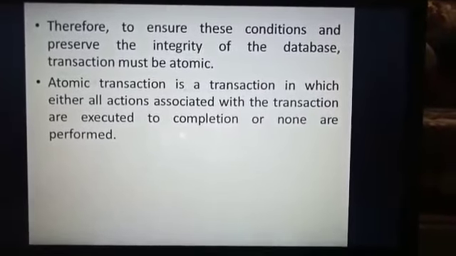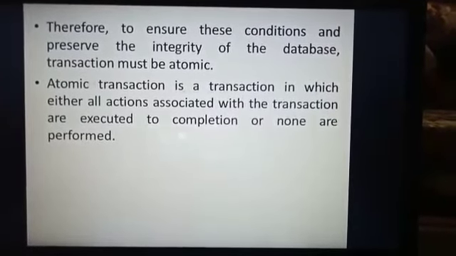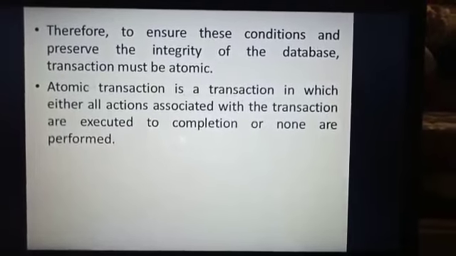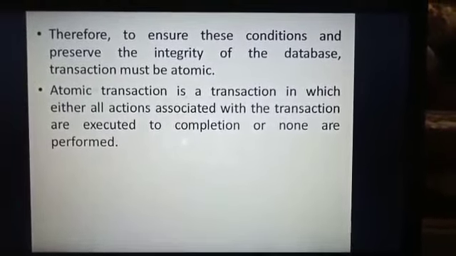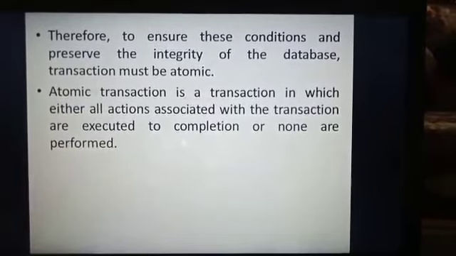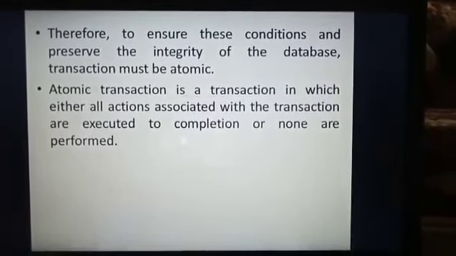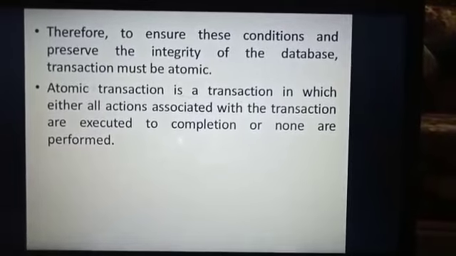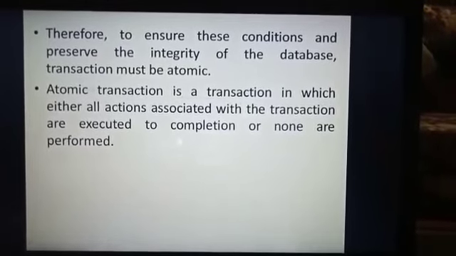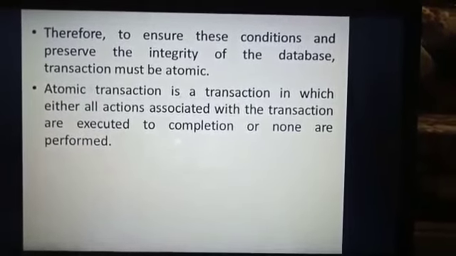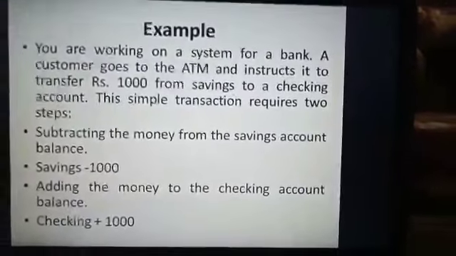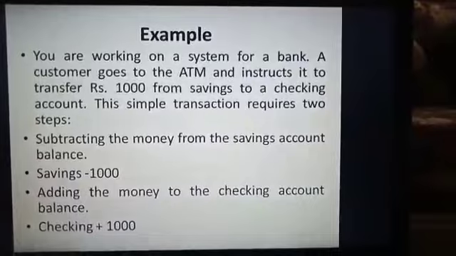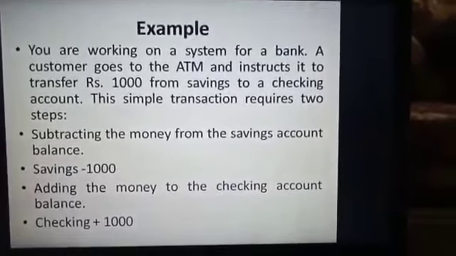Therefore, to ensure these conditions and preserve the integrity of the database, a transaction must be atomic. An atomic transaction is a transaction in which either all actions associated with the transaction are executed to completion or none are performed. I will explain the concept of transaction with an example.